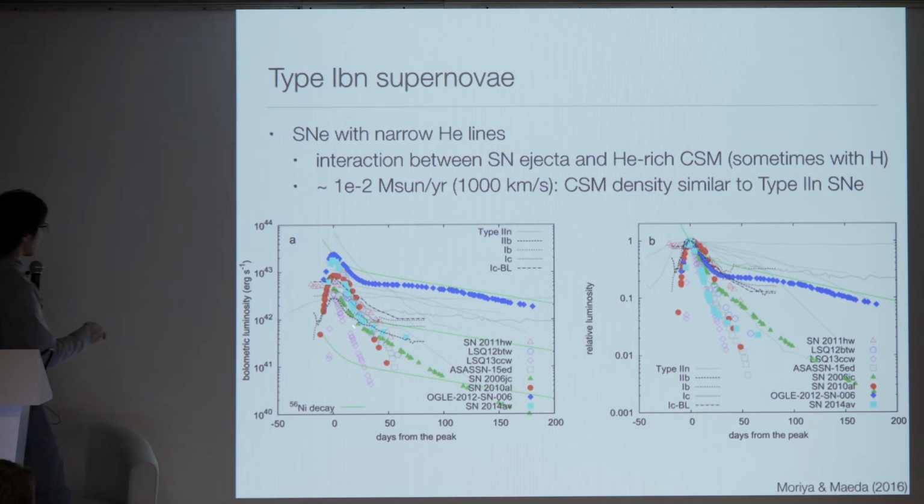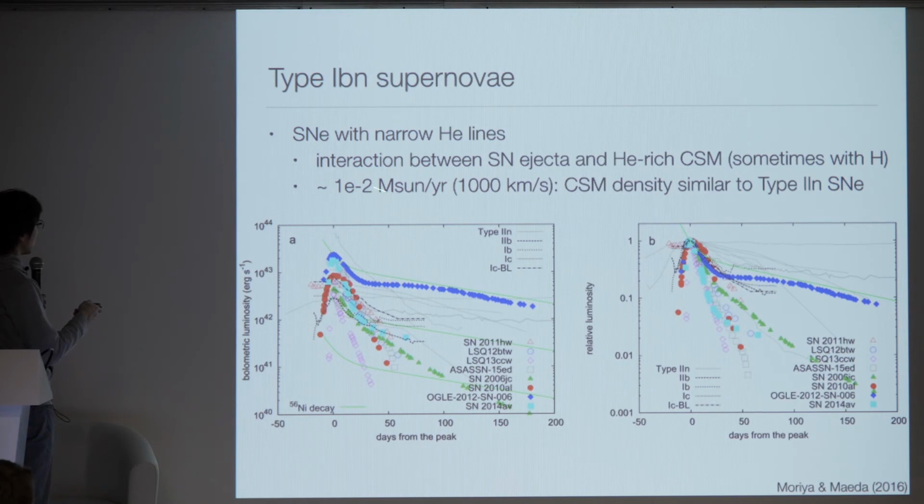So they are bright, but this luminosity cannot be explained by nuclear decay as in standard type 1bc supernovae. There should be another heating source, and from the spectra, we think these are powered by circumstellar matter interaction.